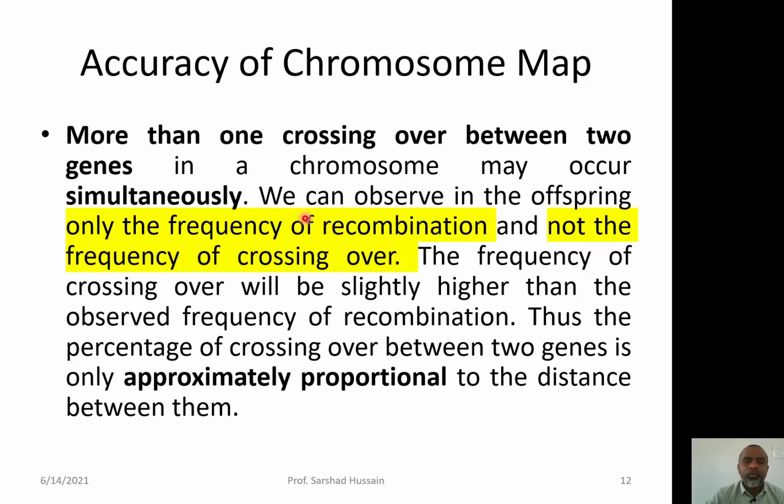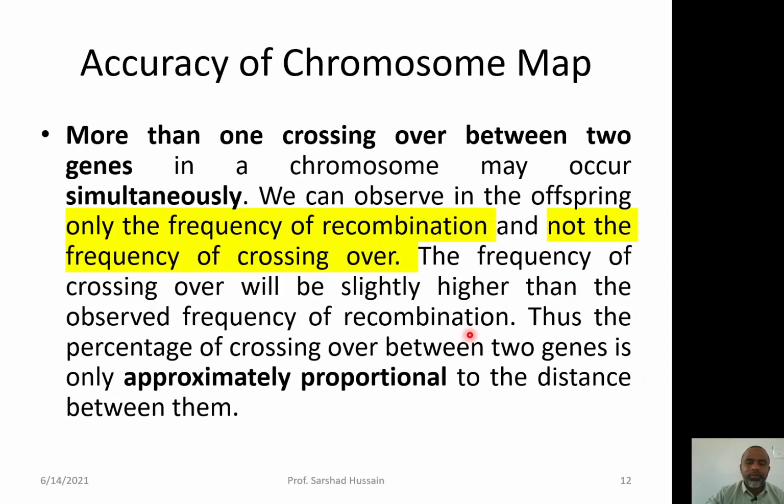In the offspring, we are just looking at some phenotypic characteristic and determining whether it is a new combination or not. So crossing over might have taken place several times, but we observe it to a lesser extent. The frequency of crossing over will be slightly higher than the observed frequency of recombination.